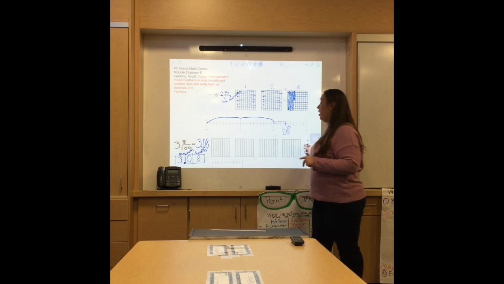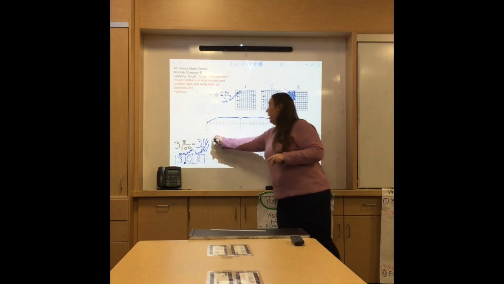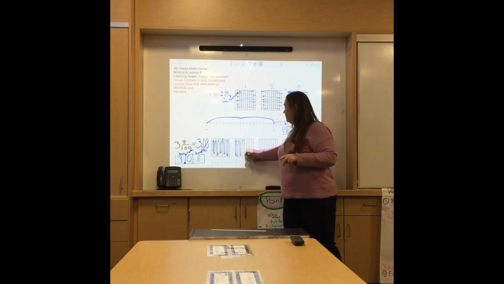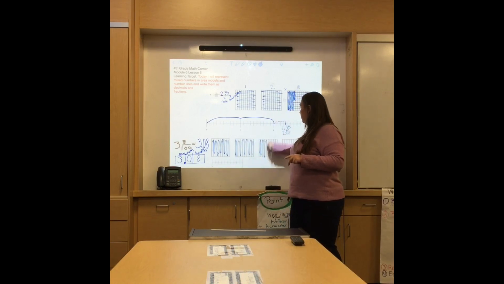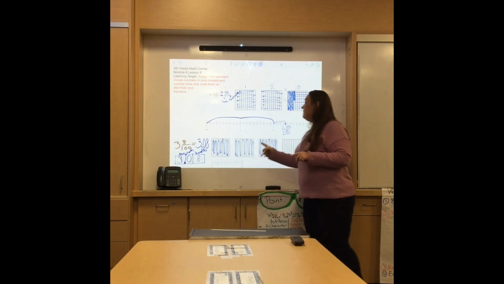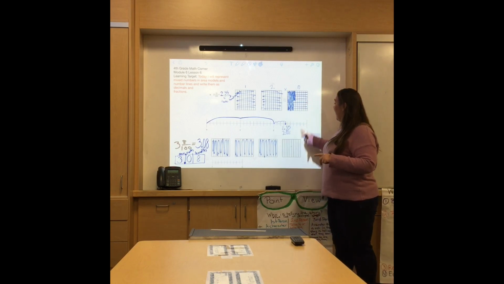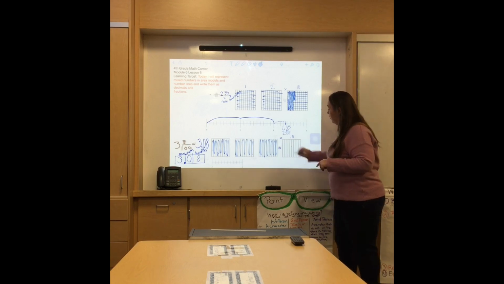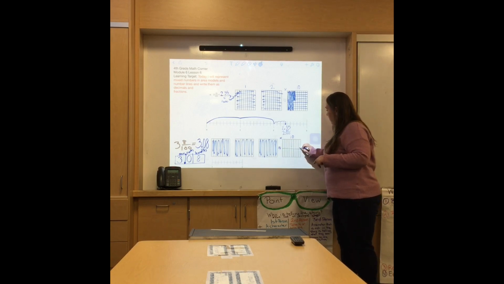When I color it on an area model, I'm going to make sure I color in 3 wholes, and then when I come over here, I have to again cut it into hundredths. So I know that 10 columns cut into 10 rows will be hundredths. 1, 2, 3, 4, 5, 6, 7, 8, 9, 10.